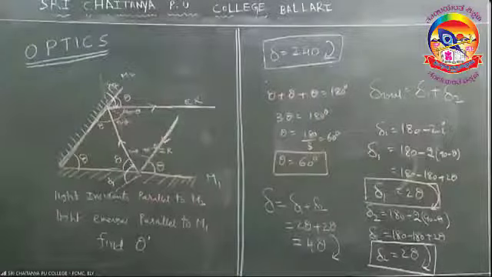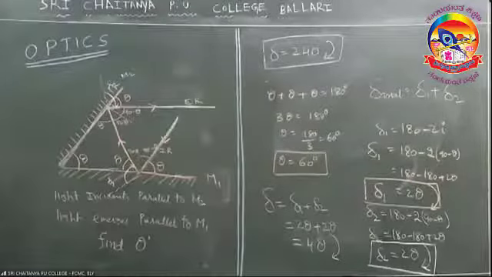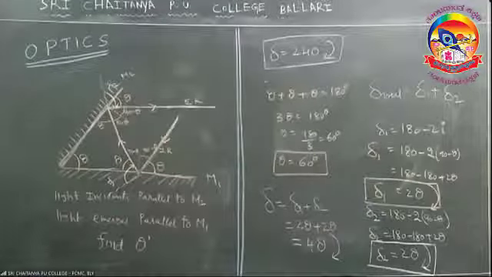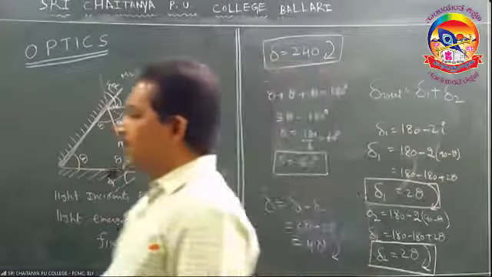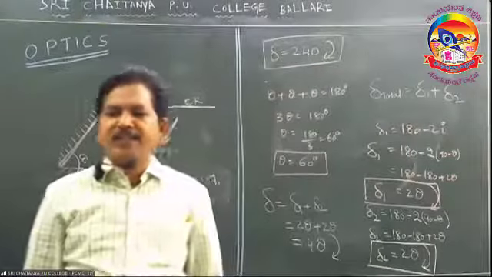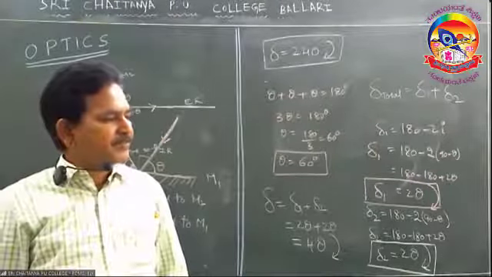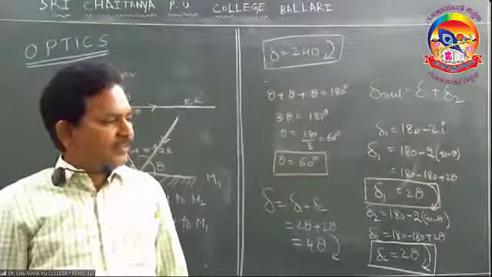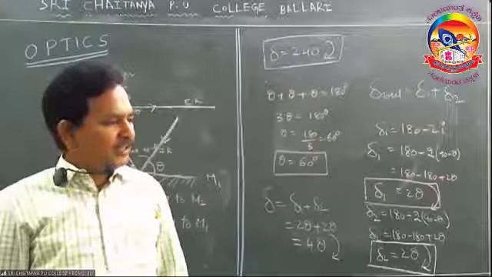Take down, I am giving 2 minutes time. Have a screenshot or quickly take down. Now, once again, what are the two models which we discussed? First one: if two successive reflections take place, what is the total deviation? Delta is equal to 360 minus 2 theta.